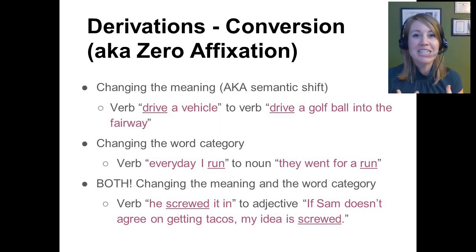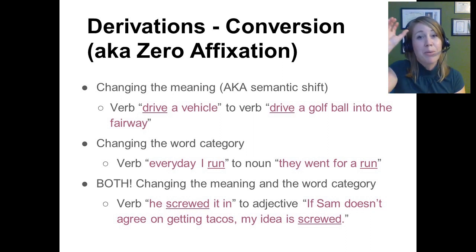So remember, an adjective describes something about a noun. And the noun there is idea. His idea to get tacos. And screwed is how he's describing it, and screwed doesn't mean the same action as putting in a light bulb. It means basically my idea has failed, right?